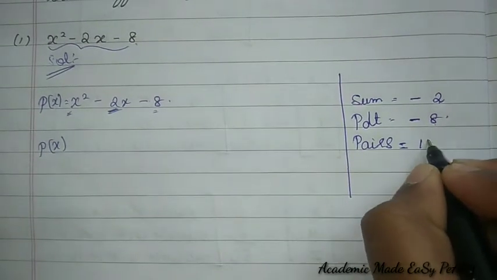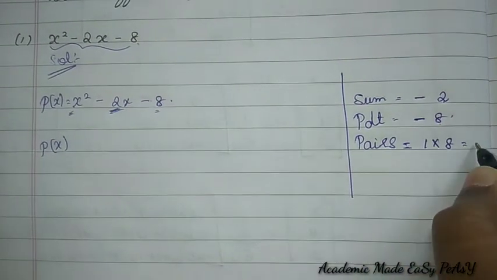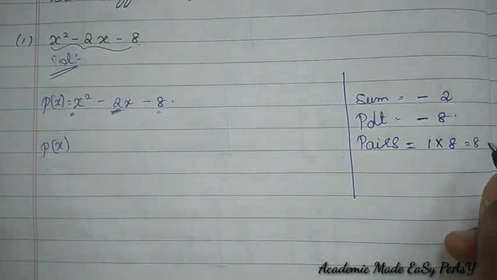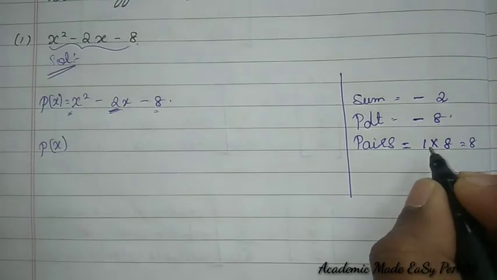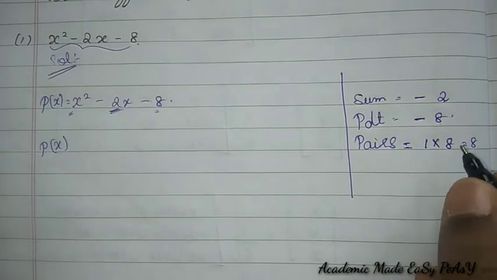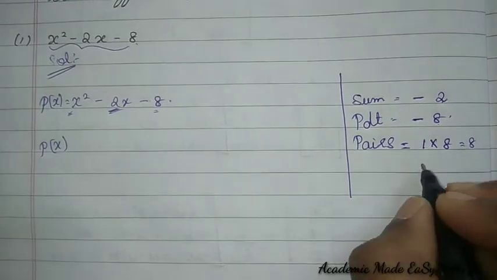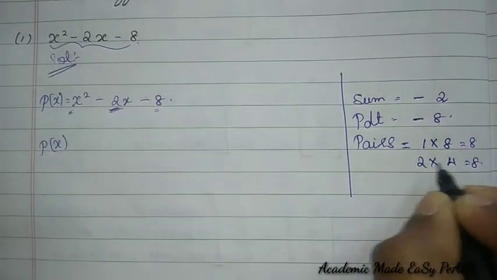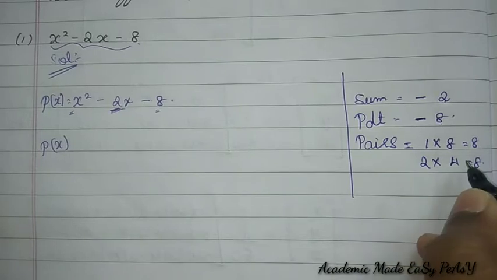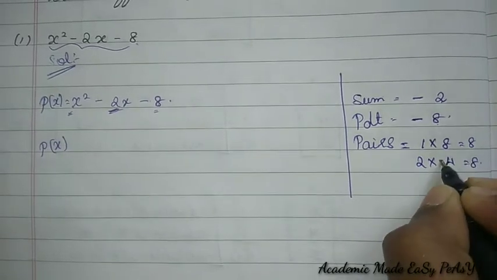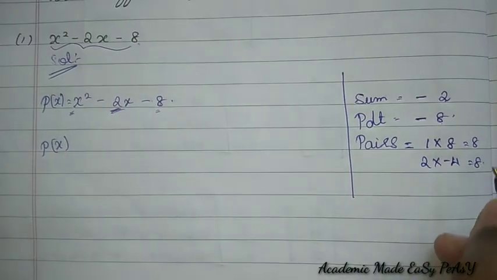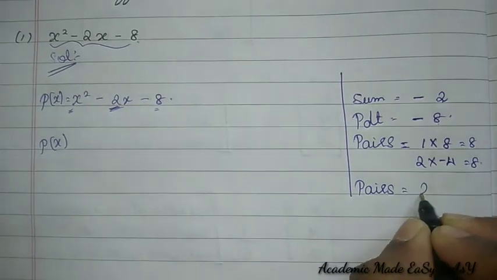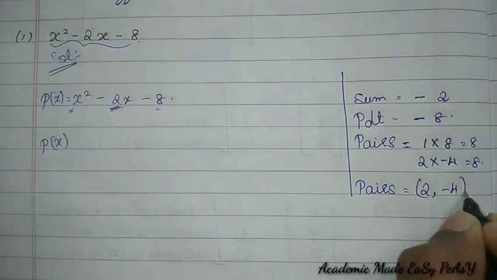First let me take 1 into 8, which gives 8, but if I add, I get 9, so I can't take that. If I subtract, I get 7 or minus 7. Next, 2 into 4 is 8. 2 plus 4 is 6, whereas 2 minus 4 is minus 2. So I will have 2 and minus 4. So my pair is 2 comma minus 4.